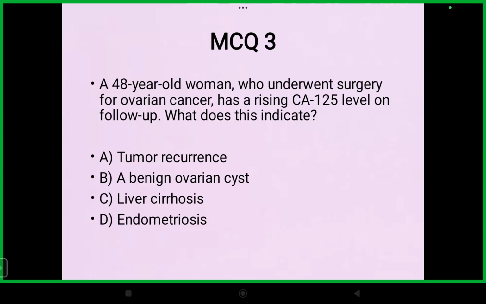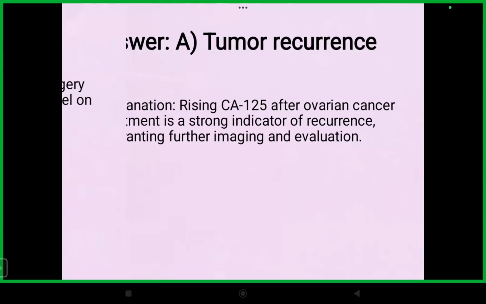So here we know it's a patient who underwent surgery for ovarian cancer and her CA-125 level is increased on follow-up. Right? So certain markers, if their level is increasing after treatment, on follow-up, it can be an indication of recurrence. The answer is tumor recurrence. CA-125 elevation is a strong indicator of recurrence.